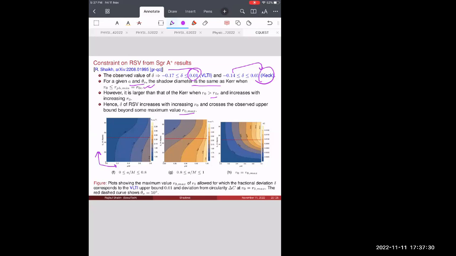If R naught is beyond R0 max, then the corresponding delta will be outside this upper bound and is excluded. So the maximum allowed value R0 max we plot here for different inclination and spin, and this red line is the theta equal to 50-degree line. We focus below this line.